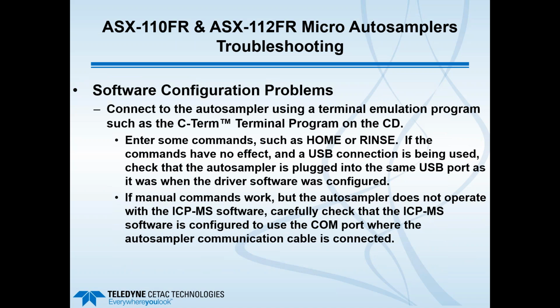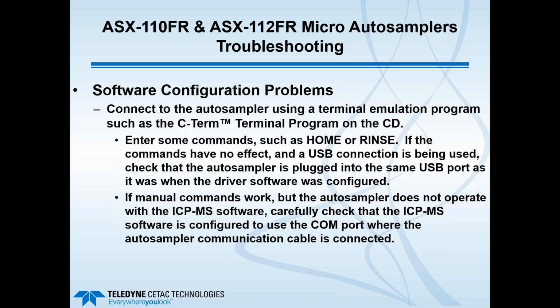And then finally, software configuration problems. This could be whether or not you are getting communication from the host ICP-MS software to the Autosampler. So one of the things to first check is the computer itself. There is a terminal program supplied on the CD with these Autosamplers called CTerm. You can use commands such as home, rinse, position commands, and turning the pumps, like the peristaltic pump, on or off to see if you have established communications between the host computer and the Autosampler.